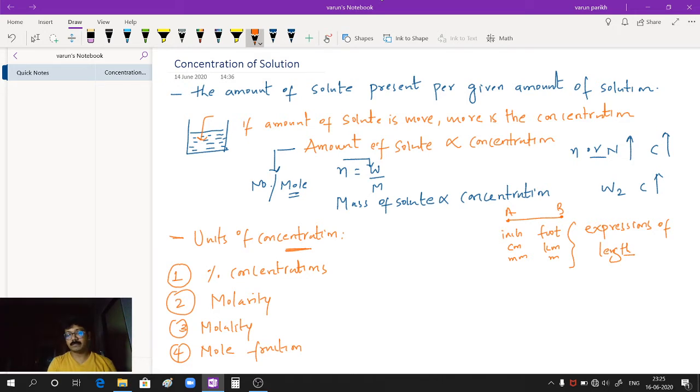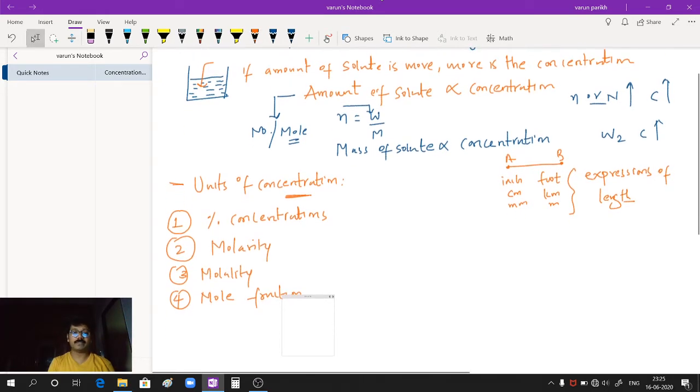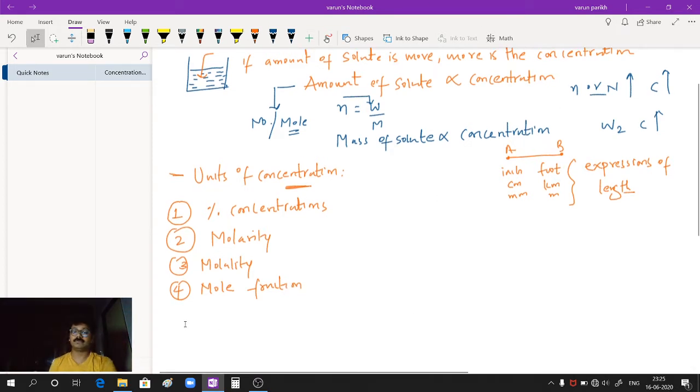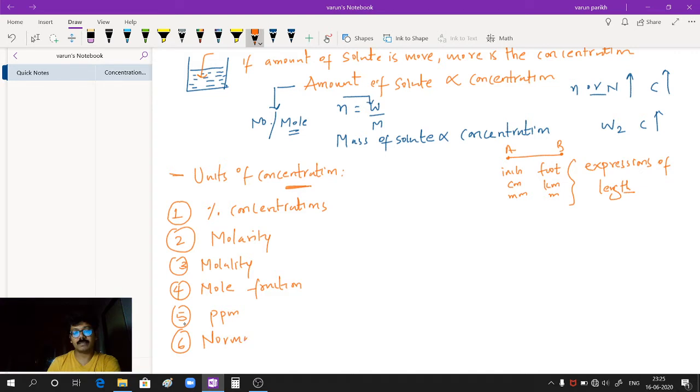The next one is ppm, parts per million. One numerical is also there in the textbook of class 11. The sixth one is normality and formality and so on. These are all the units to represent the concentration of solution.